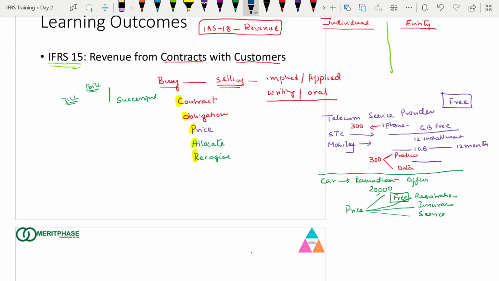If you are selling computers, every person is there. Maybe you are using the services or you are paying. They say that there is an annual maintenance contract. Take a small example of 1,200.